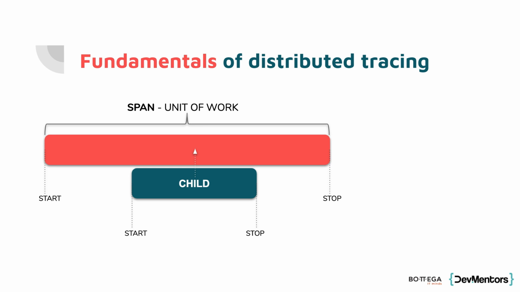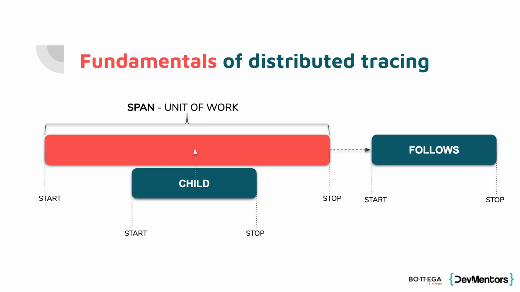And the other relation is that one span can follow from another. So we could think about this like, within our web request, we had a seek in a database, but then later we called another web service. Yeah, like in the reserve resource handler, when we are asking the customer service to get a state, it's no longer within the scope of this web API, but again, somehow we got this correlation ID as well, and there is another span which has this parent that originated in, for example, the availability service.